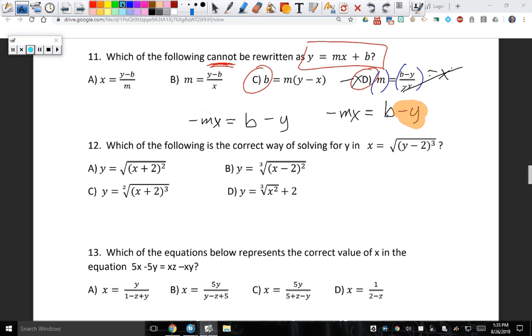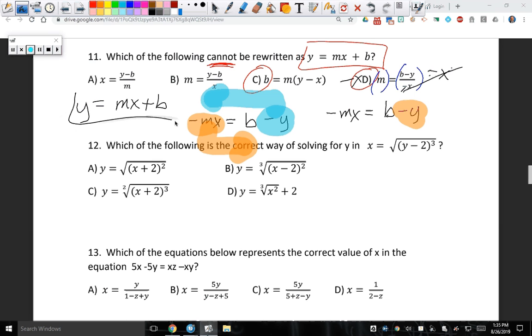From here, I would move this one over, because a lot of people make mistakes with negatives when they divide. I would actually add y over here and I would add mx to the right. Okay? If you don't, and you kept y over there, you might have forgotten that negative, and like last class or before lunch, they chose D as well. But the answer is not D.